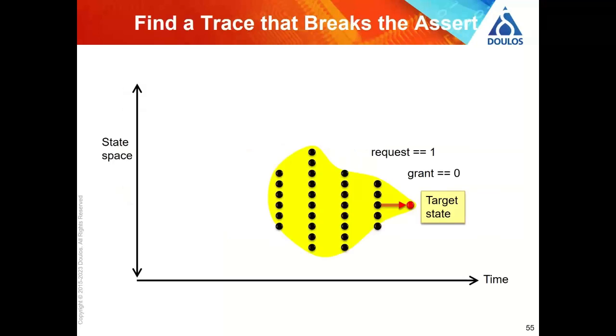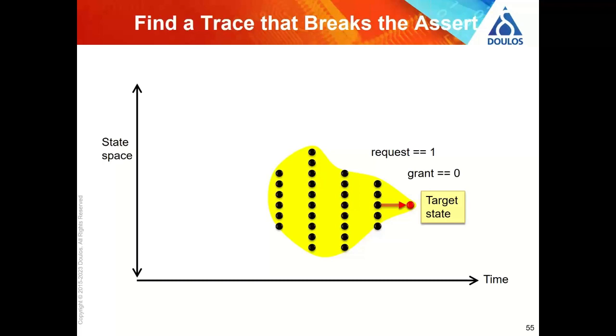So we get what's known as the cone of influence, where it's stepping back through preceding states to find which combinations would actually result in our target state. If any of those give us a situation where request is 1 and grant is not 1, that's our counterexample. But if we don't find any counterexample, then the property is proven.